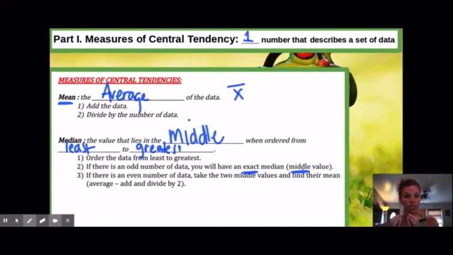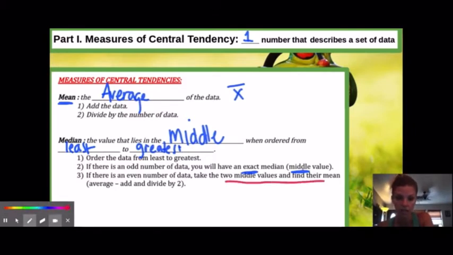What you do then to find the median is take the average of those 2 numbers: add them up and divide by 2, and that gives you the median.